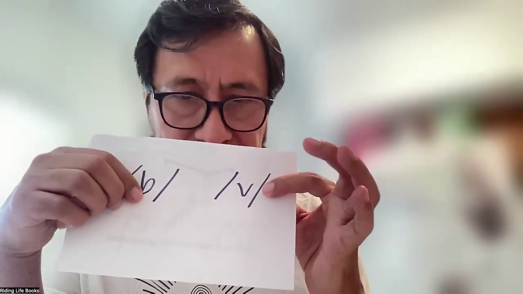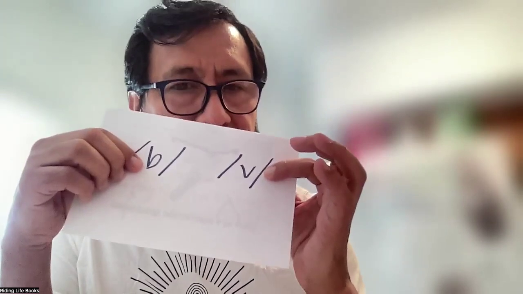The problem is that in English, the sound B is different from the sound V. And the difference is not only in the way we pronounce, but also in the meaning.